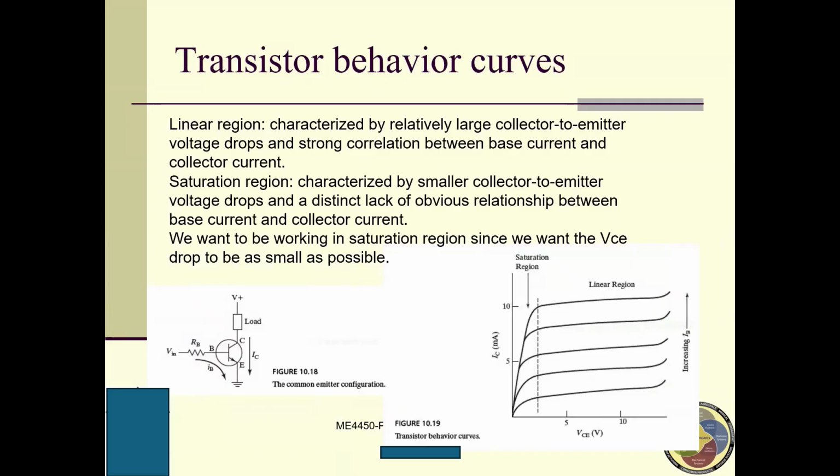So here is a transistor behavior curve. You can see here, okay? So here VCE, C is collector, E is emitter. This is voltage, VCE, the voltage difference between the collector terminal and the emitter terminal. Here is the current going through.